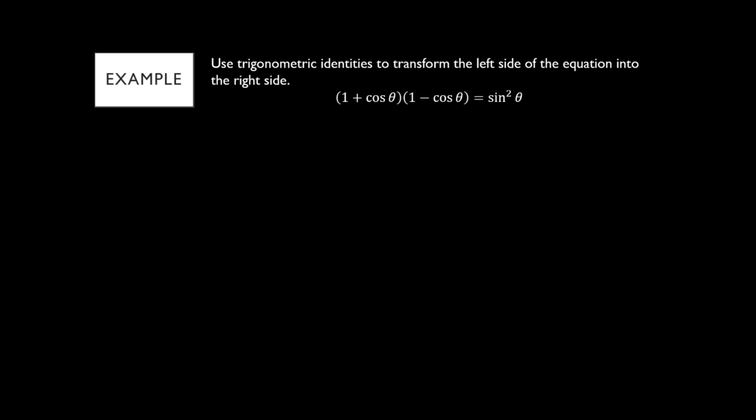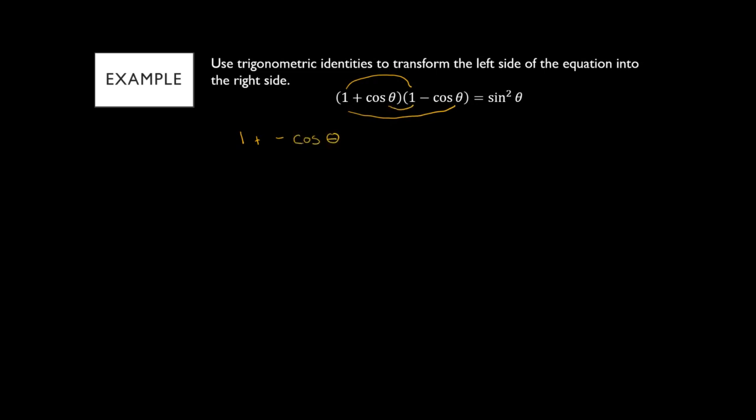I look at this and I think, well, I have something squared, so obviously I need to multiply, so I'm going to FOIL this out. So if we perform FOIL, because we have 2 binomials multiplied together, then we can see where we go from there. So FOIL first, 1 times 1. Then I've got the O for outside, 1 times negative cosine of theta, so that's minus cosine theta.